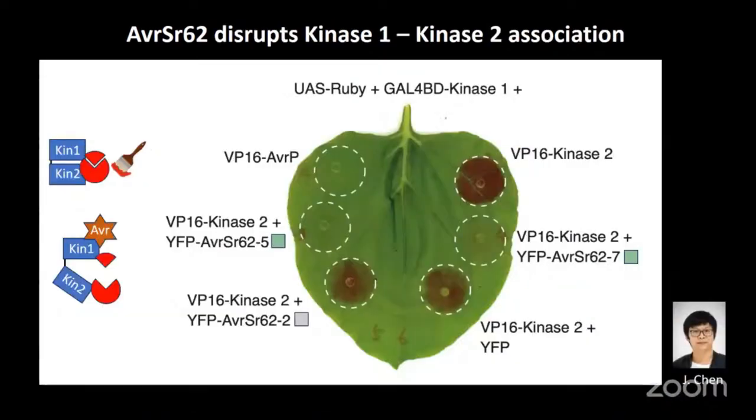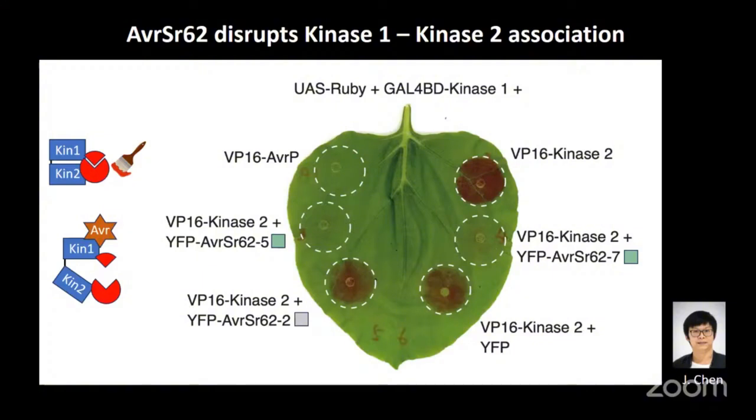Then we went on, and this is work done by Sean in Peter Dodds' group, and he showed that AvrSr62 is able to disrupt the interaction between kinase 1 and kinase 2. First of all, this is a plant two-hybrid assay in which you get the accumulation of a red product called betalain when two proteins are physically interacting.